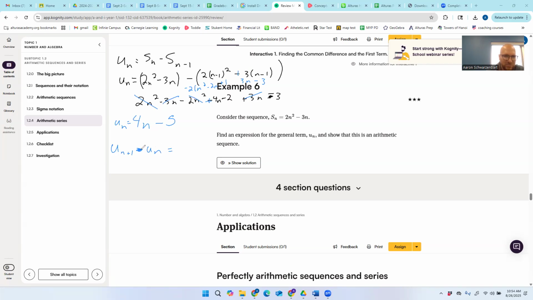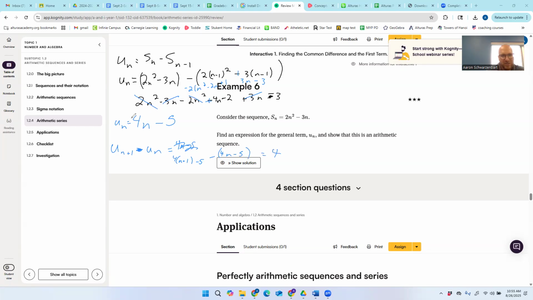So this is probably not how I would do it, but this is how the book is doing it. 4n plus 1 minus 5, minus 4 and minus 5. You end up with 4.